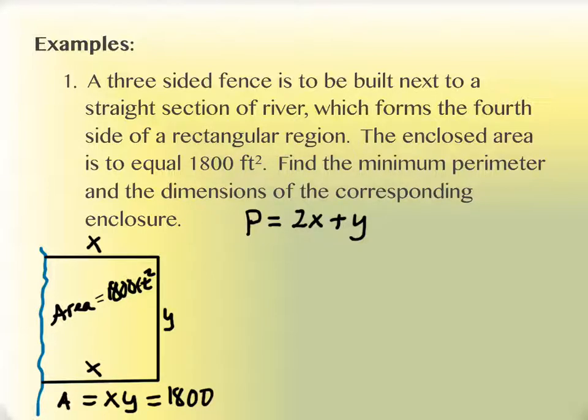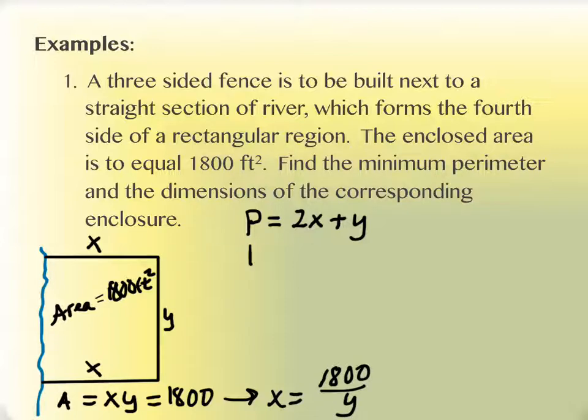So can I solve for one of these, the x or the y, in terms of the other one? I always can. And that's how the problems will always boil down to. There will be something that you can solve to get rid of that other variable. And it doesn't really matter which one you want to use. Do you want to solve for x or do you want to solve for y? X. Okay. So if we solve for x, x will then equal what? 1,800 over y.